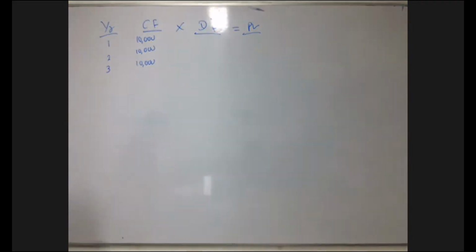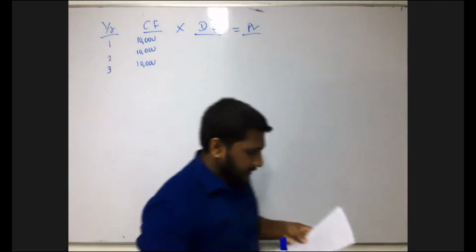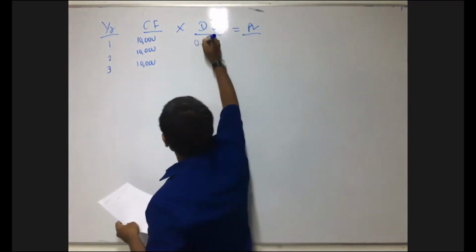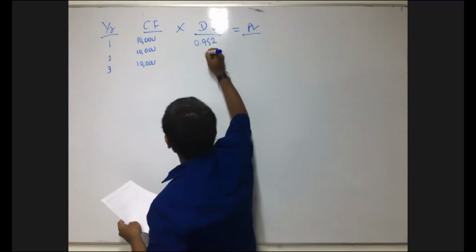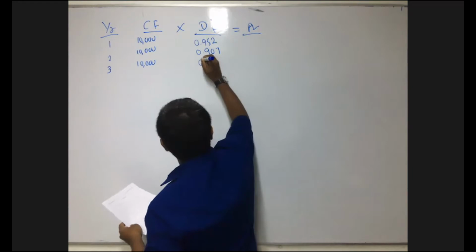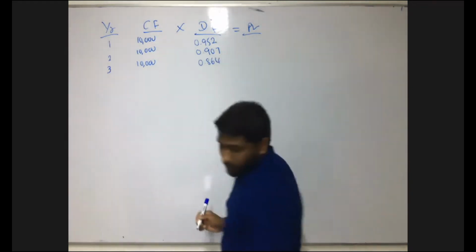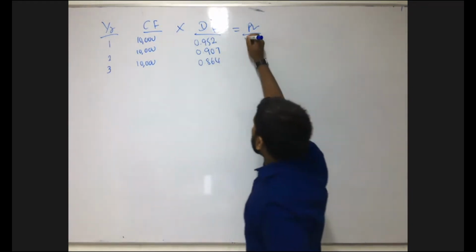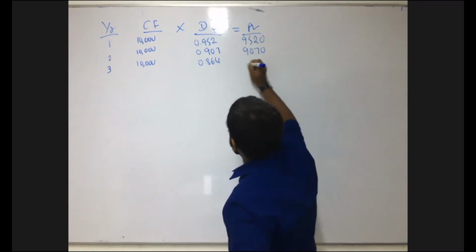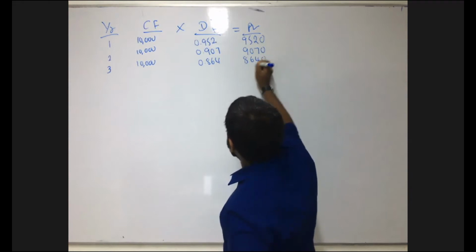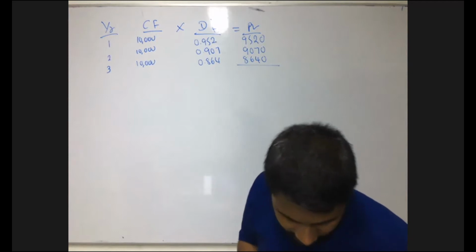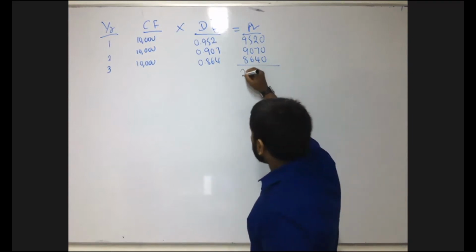Then let me check the discounting factors: 5%, 0.952, 0.907 and 0.864. Then here 9,520, here 9,070, here 8,640. Total how much are you getting, guys? Total you are getting 27,230.